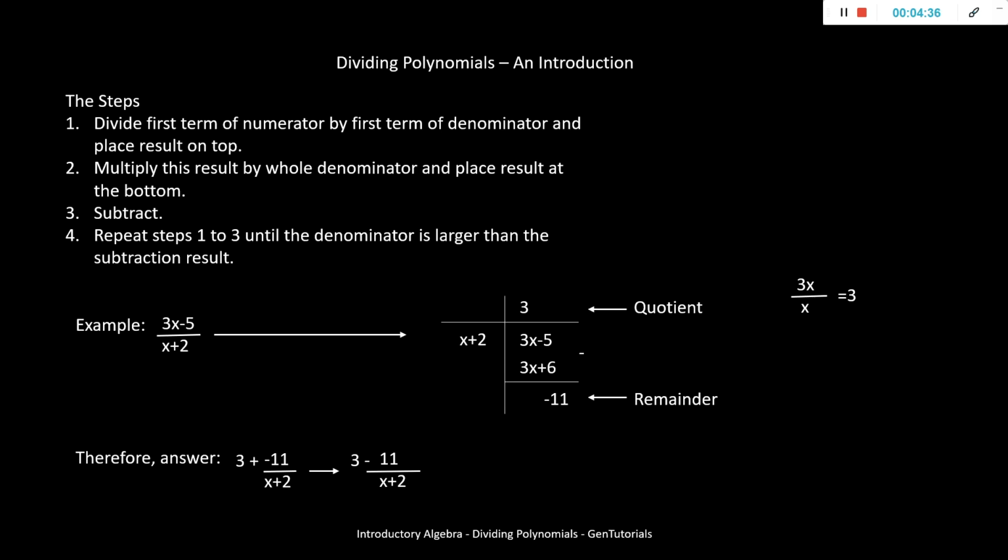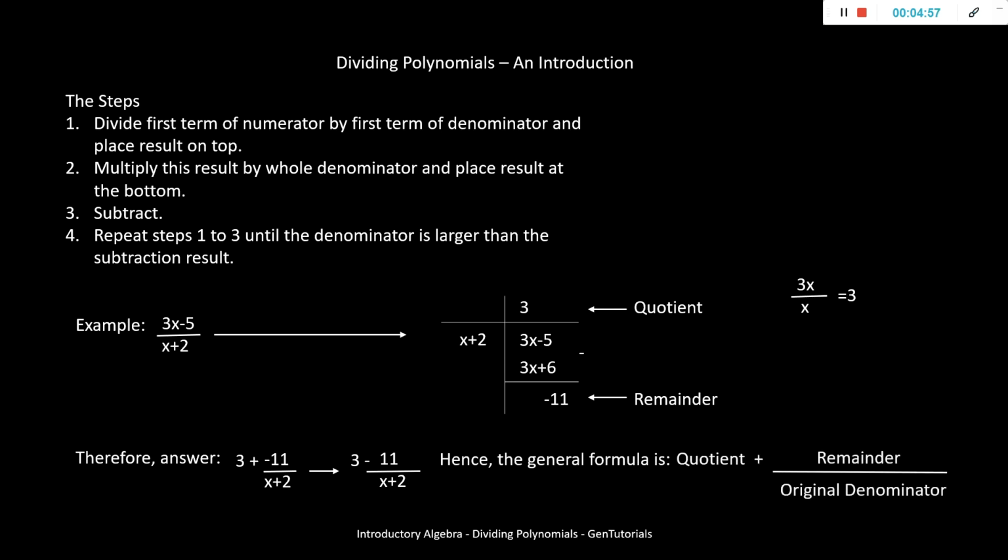So we can extract a formula from this answer to get a brief idea as to how each one of our answers will end up looking after we divide polynomials. And the general formula is as such: the quotient plus the remainder all over the original denominator.